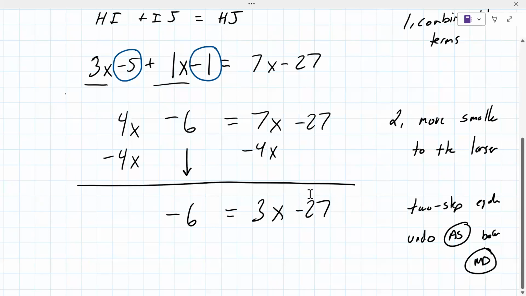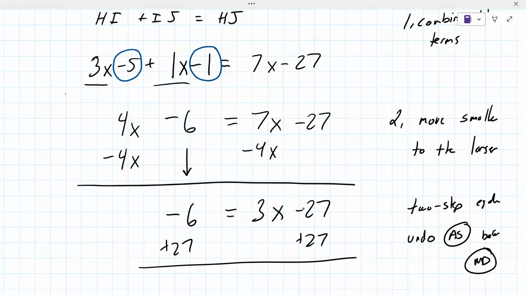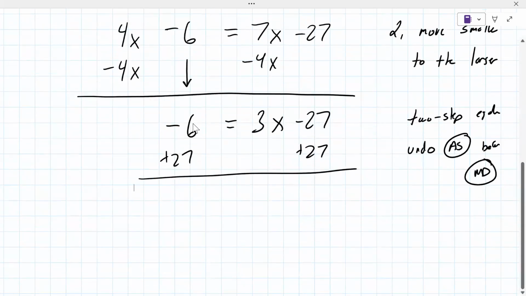It's 27. Is it being added or subtracted in this case? Being subtracted. Okay, yep, how do you undo subtraction? What's the opposite operation of subtraction? Add. You're going to add 27. Yeah, good. All right, now on the left here, what does this become?